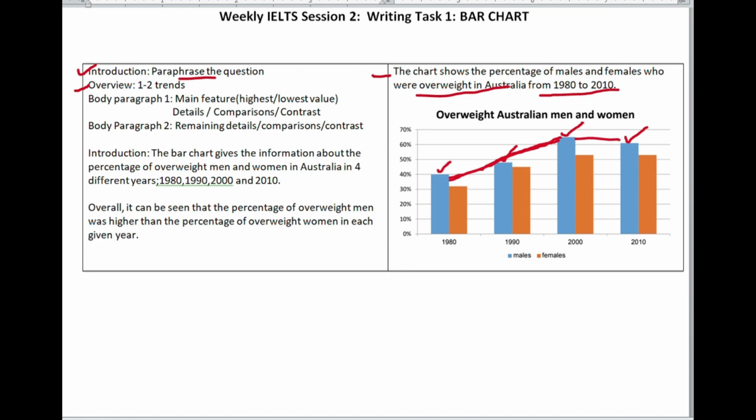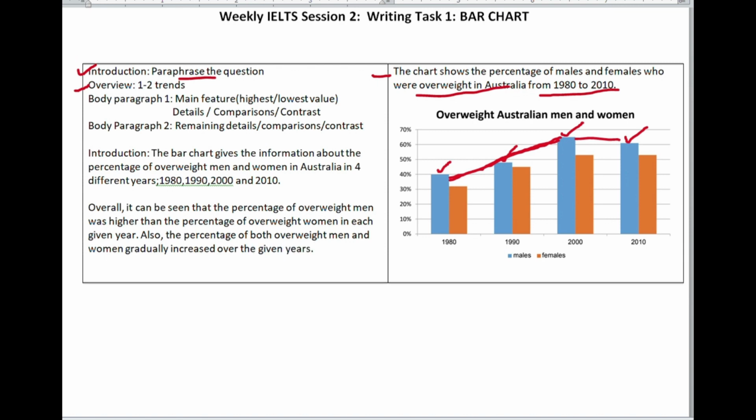This is the first trend. Second trend is also the percentage of both overweight men and women gradually increased over the given years. So we have mentioned 2 trends in the overview paragraph.